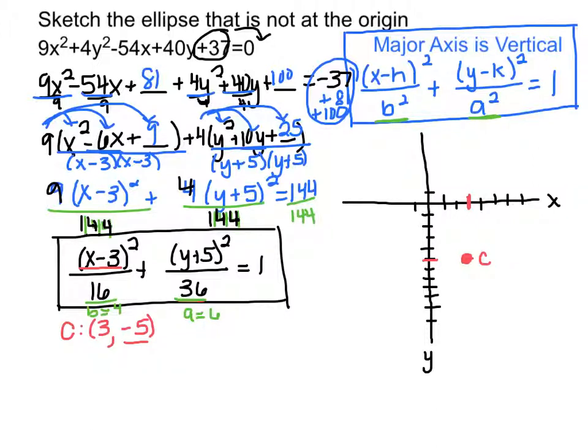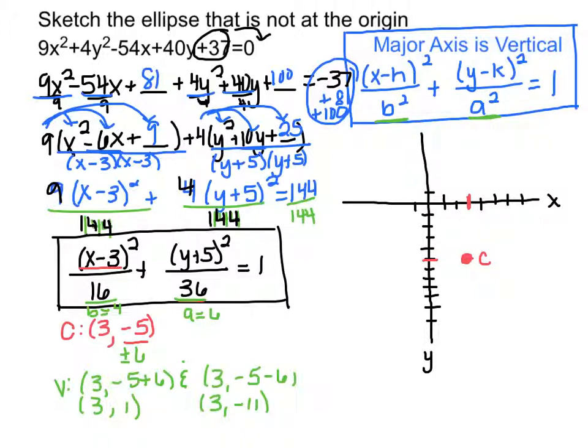To find my vertices, all I'm going to do is add and subtract to my long side the value of a. So my vertices are 3, -5 plus 6, which is 3, 1, and 3, -5 minus 6, which is the point 3, -11.